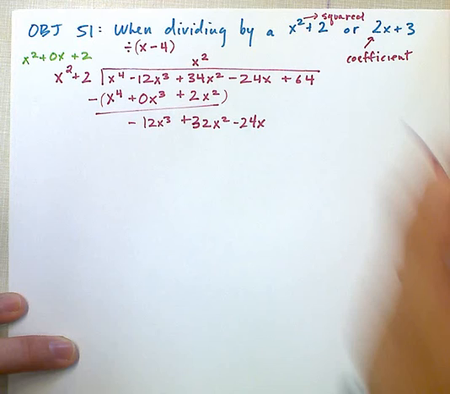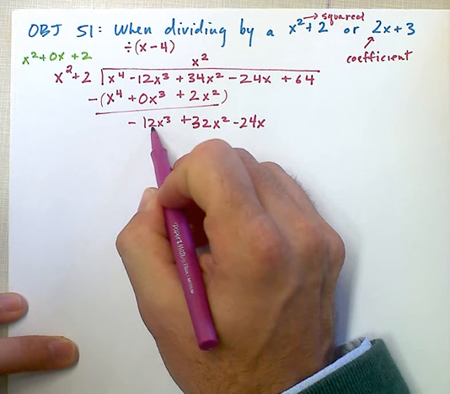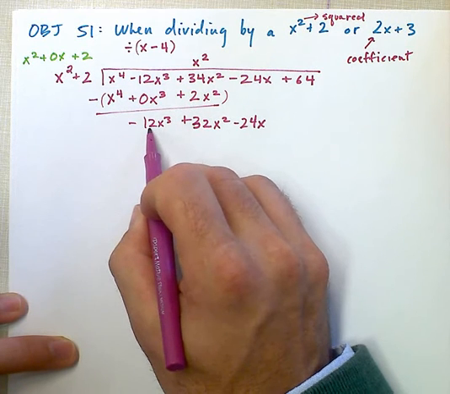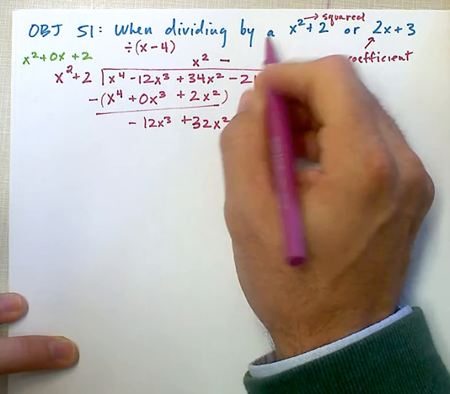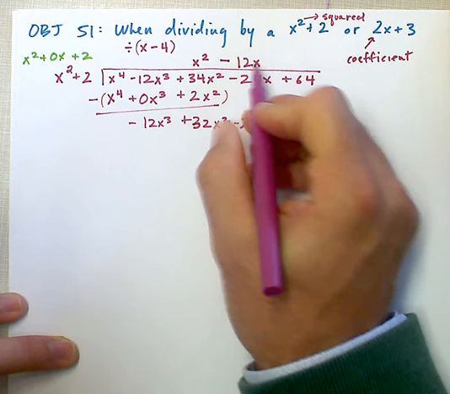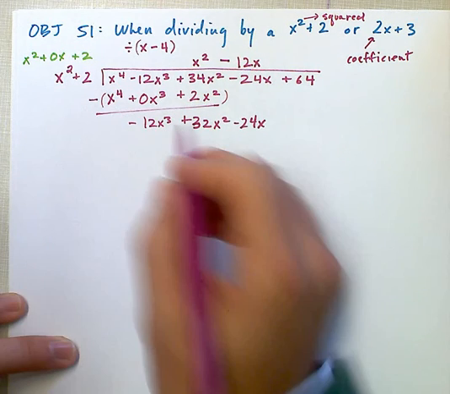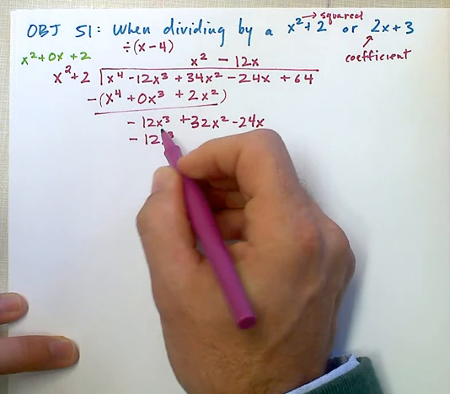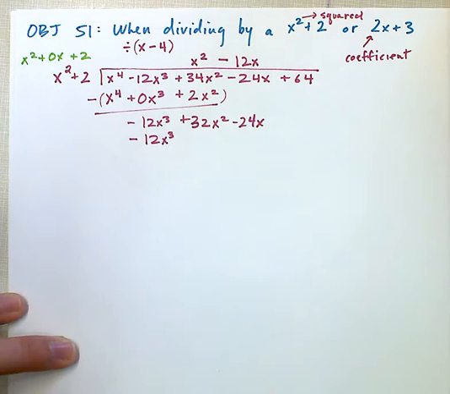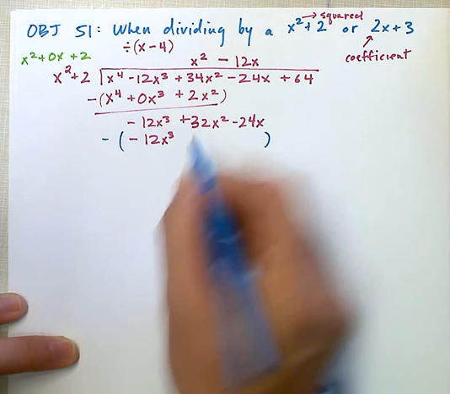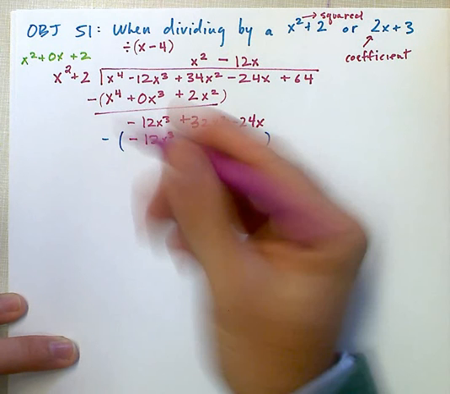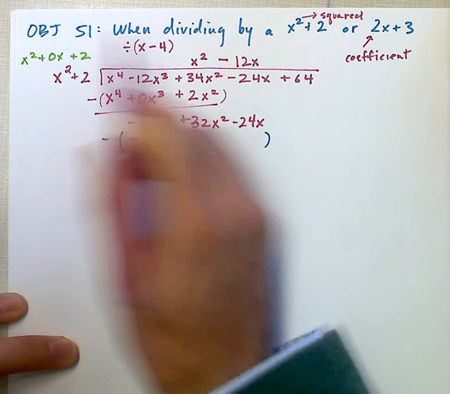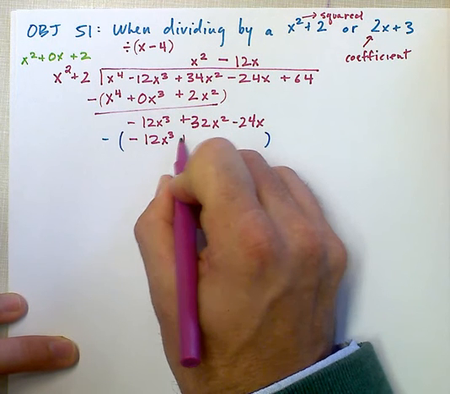And again, try to eliminate this first term here. So what do I need to multiply x squared by to get basically a negative 12x? If I multiply negative 12x times the x squared, I want to match it up. I always want to kind of make it the same thing because I know I'm going to be changing the signs of everything here, so I try to match up to be the same, so if the sign changes, it ends up canceling out. And again, I'm doing the 12x times the 0x to give me a placeholder.